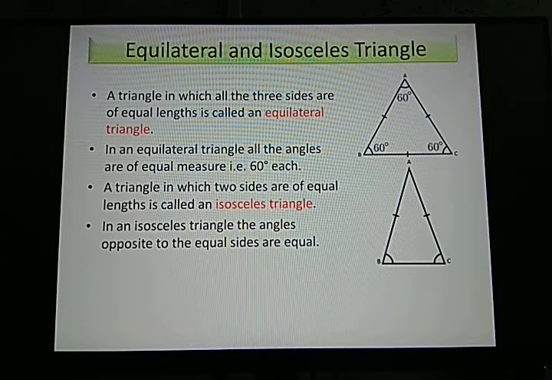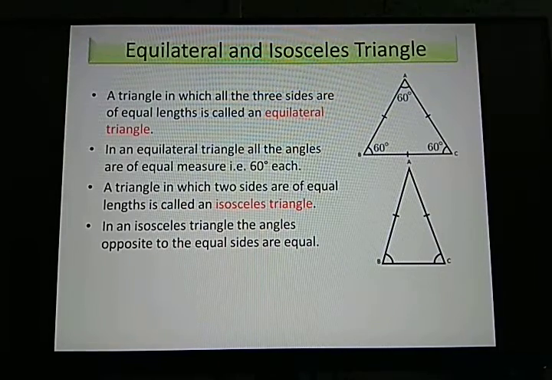In our figure, since side AB and side AC are equal, the angle opposite to side AB, that is angle C, and the angle opposite to side AC, that is angle B, are also equal. So we can say that angle B and angle C are equal.